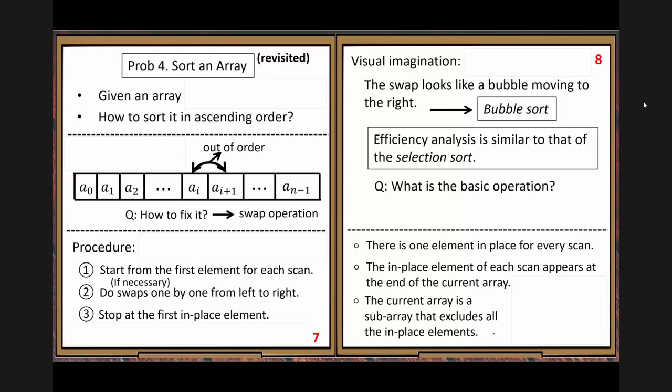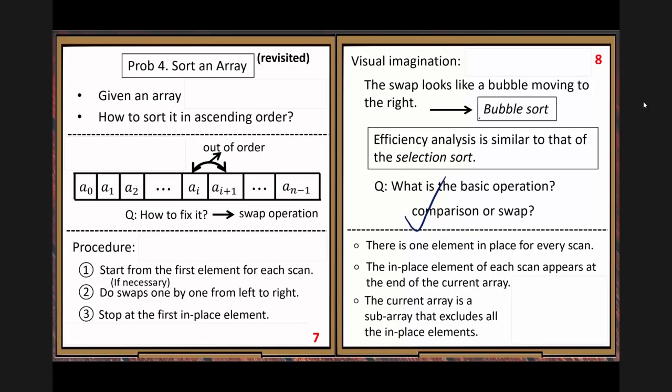Here is the answer, because we do not have much time. The answer is that comparison is the basic operation. Swap is not. Why? You can see it easily this way. When you have an array already in ascending order, you still need to do comparisons, but you never need to do a swap because there is no inversion.